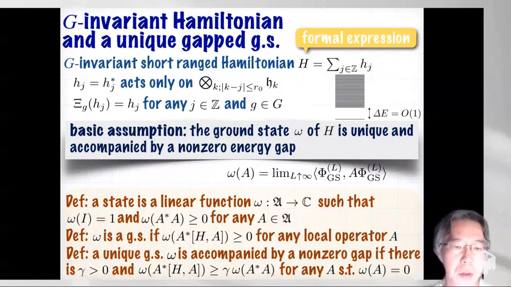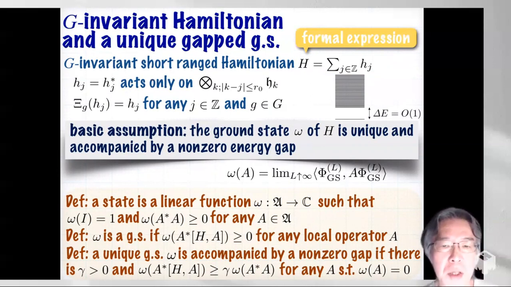The local Hamiltonian is a self-adjoint operator that acts on a finite portion of the chain, including the site J. Okay, and I assume that it is invariant under G, the action of G. Okay, actually, more precisely, the action of psi G. And then the basic assumption is that the ground state omega of H is unique and accompanied by a non-zero energy gap. H has a unique gapped ground state omega.